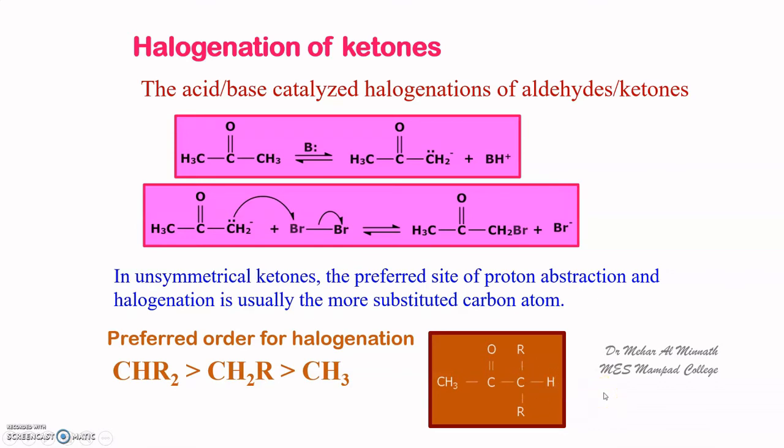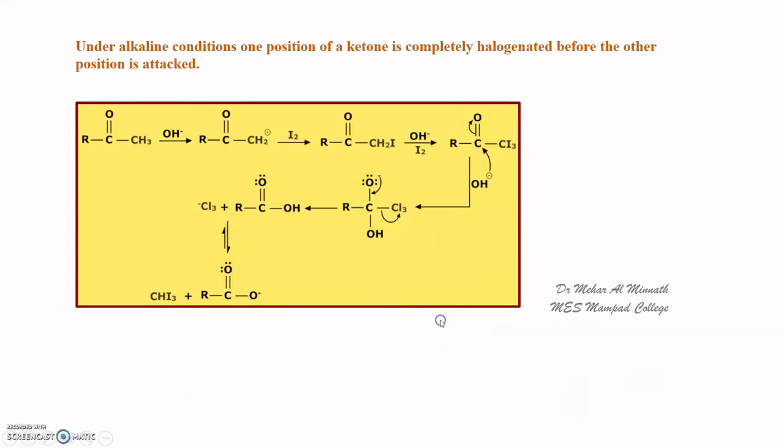Alpha halogenation. Now this is the same case in haloform reactions. That is, this particular proton is being replaced by I plus, and once this iodine is introduced over here, the reaction continues until all the protons have been removed and replaced by halogen.